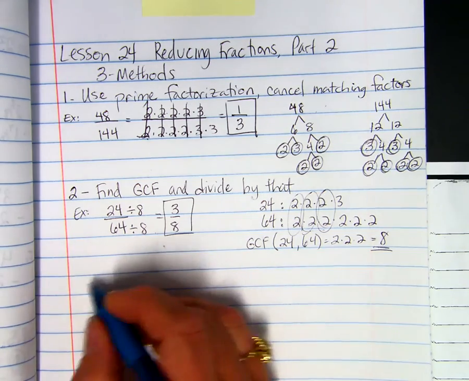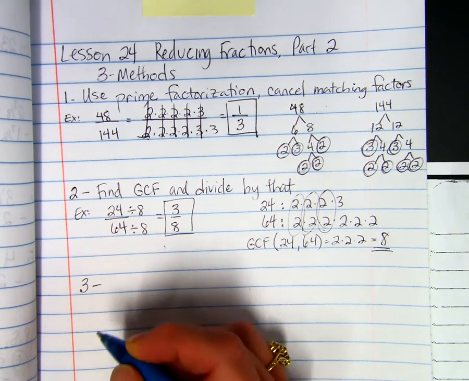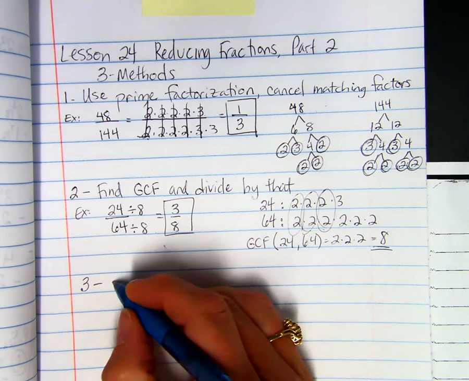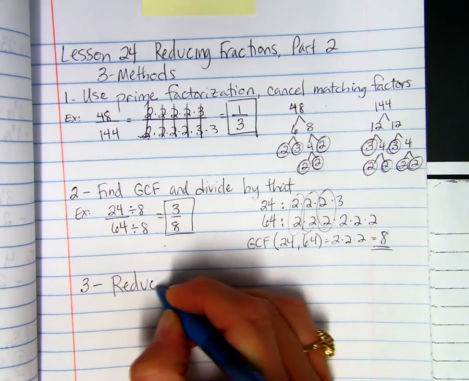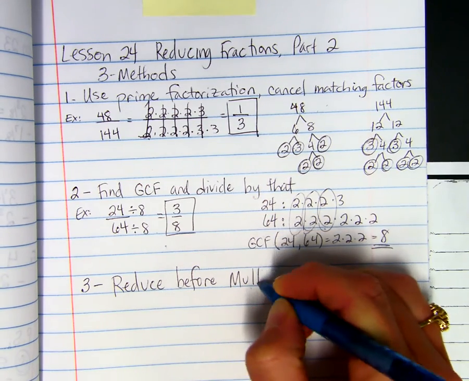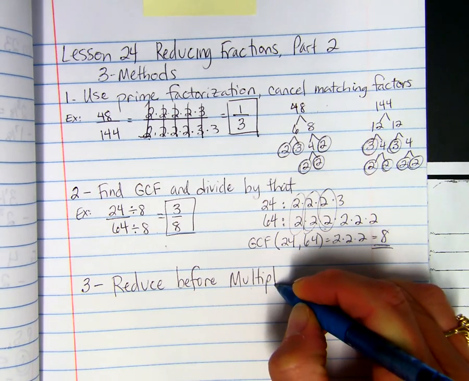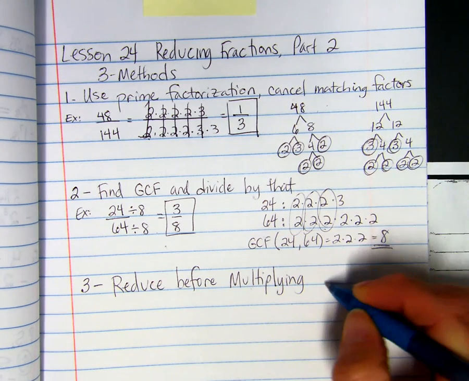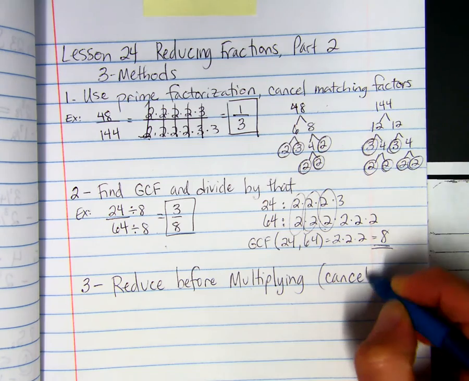And then the final way is reduce before multiplying. So if you are multiplying two fractions together, you can cancel, which, if you want to know, canceling is my favorite thing in all the world of mathematics.